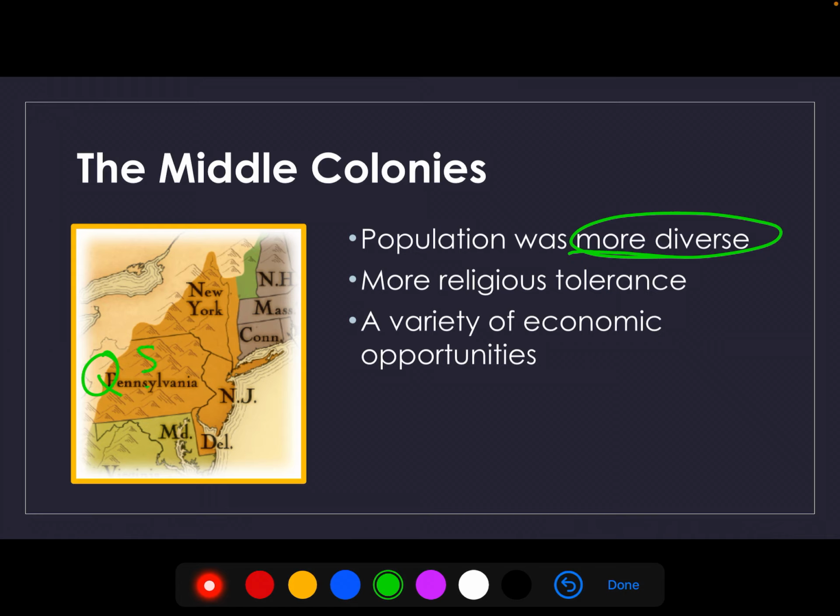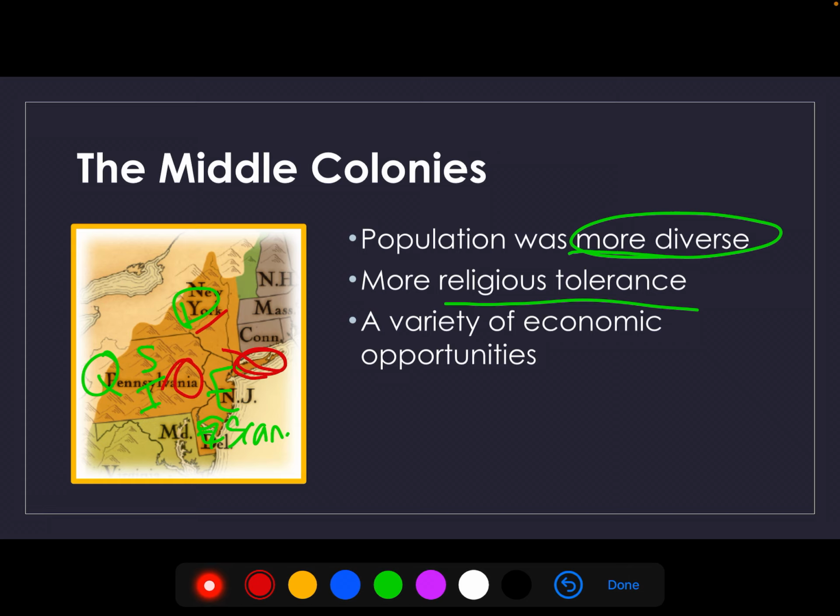Middle colonies, you've got a much more diverse population, and the reason for that is you've got Quakers here, and you've got Scottish people, you've got Irish people, you still have Dutch people living in New York, you've got English people in Jersey, and English people and Scandinavian people living in Delaware. So it's a lot of diversity in terms of the types of people.